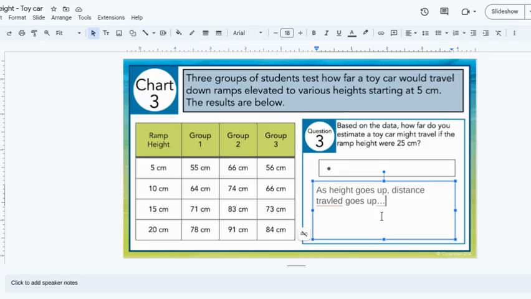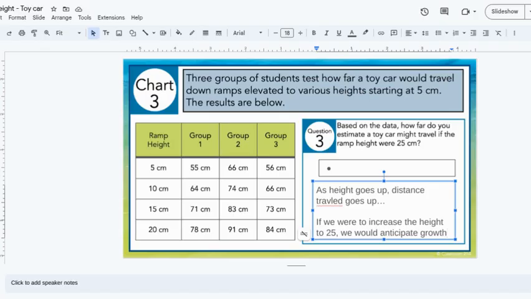So we're going to say if we were to increase the height to 25, we would anticipate or expect growth. I'm going to guess about 95. This one's going to be 85, 88. So anywhere between 88 and 95 is my best guess.